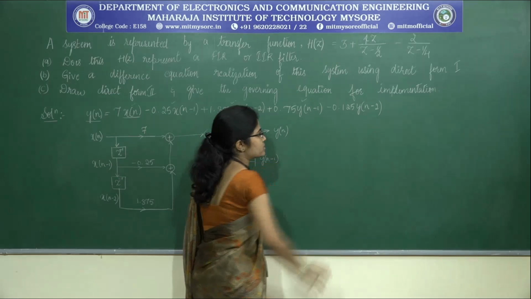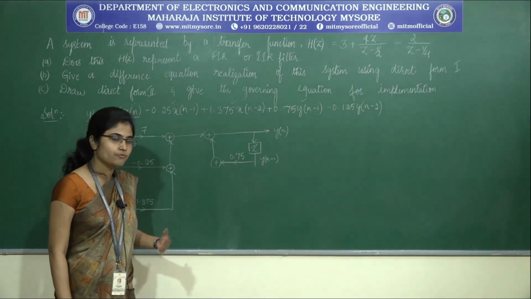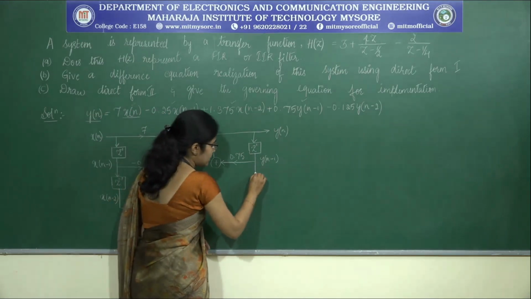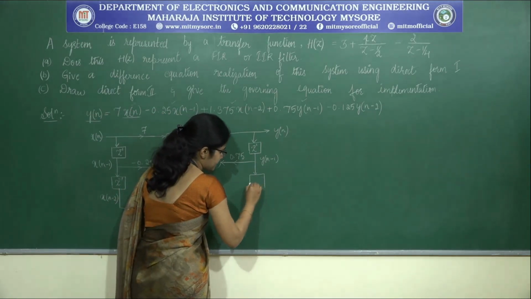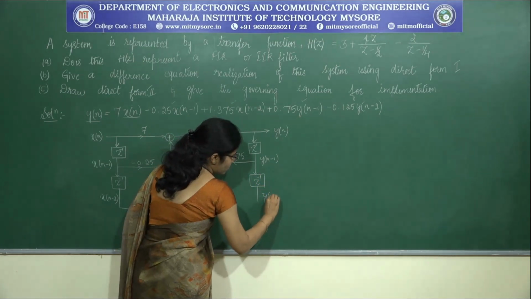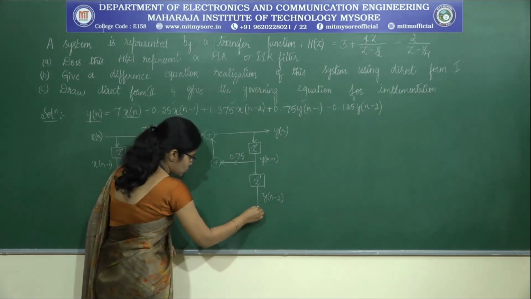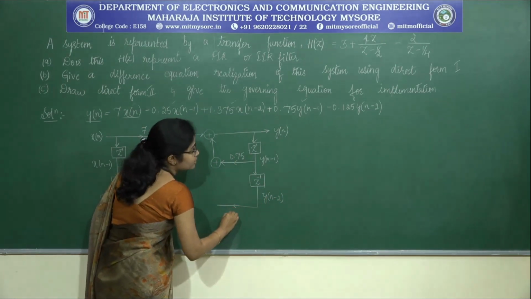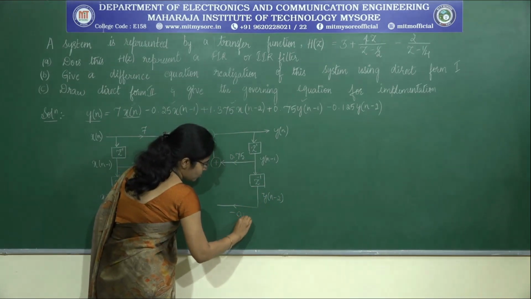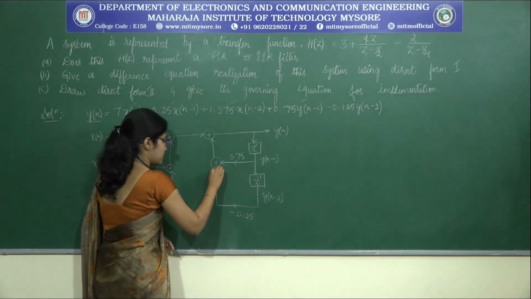Looking into the last term, y of n minus 2 is nothing but the delayed version of y of n minus 1. So, delay this once. This gives us y of n minus 2. y of n minus 2 should be multiplied with minus 0.125, then give it to the top adder.